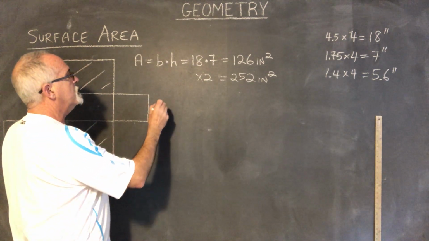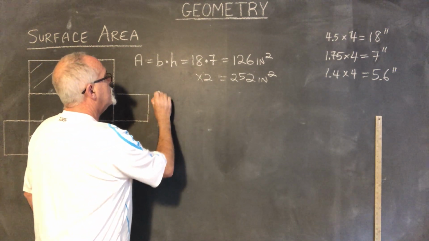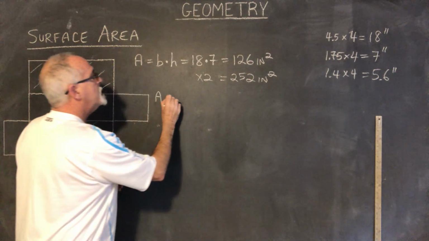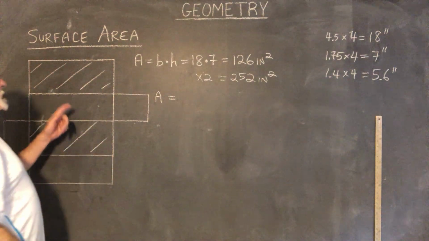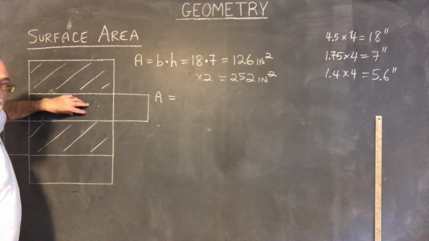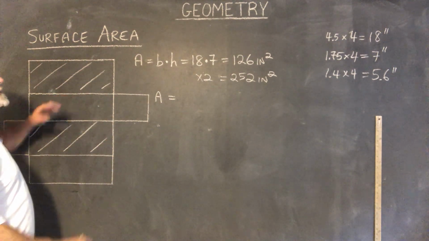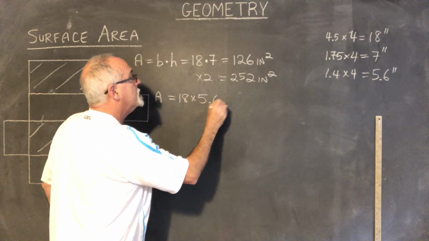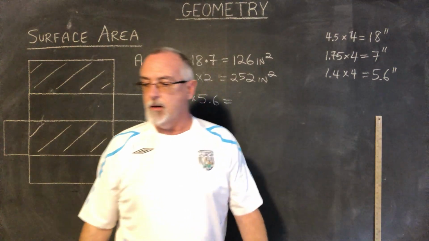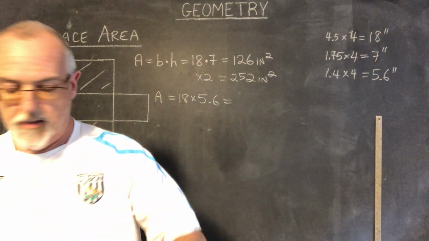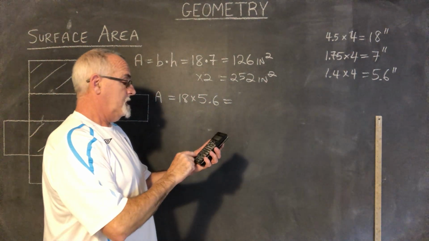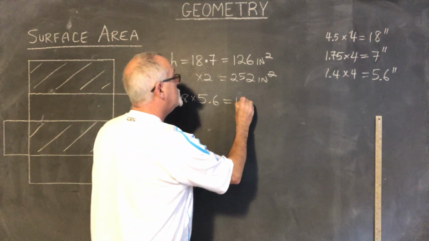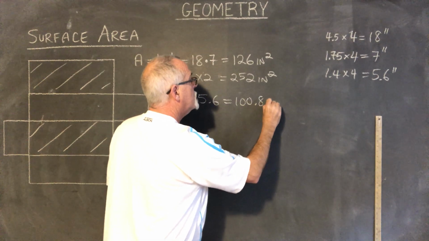So now we are going to do the same thing. It's all rectangles, so I'm just always going to use area equals base times height. So filling in the formula, for this slightly smaller rectangle, it's going to be 18 times 5.6, which, yes, I'll get my calculator to do that. 18 times 5.6 equals 100.8 square inches.